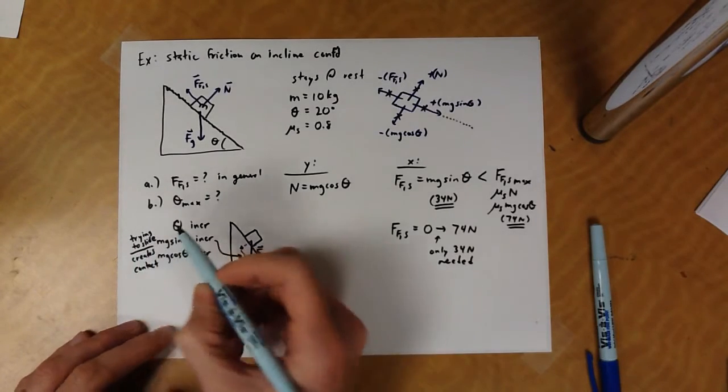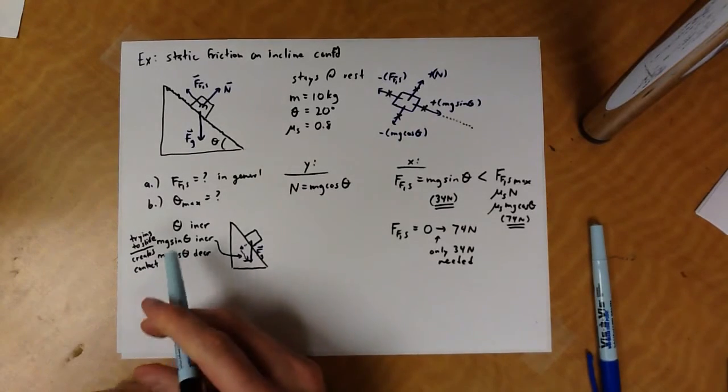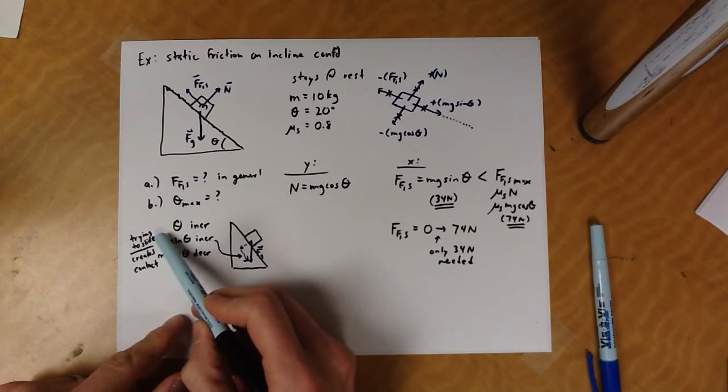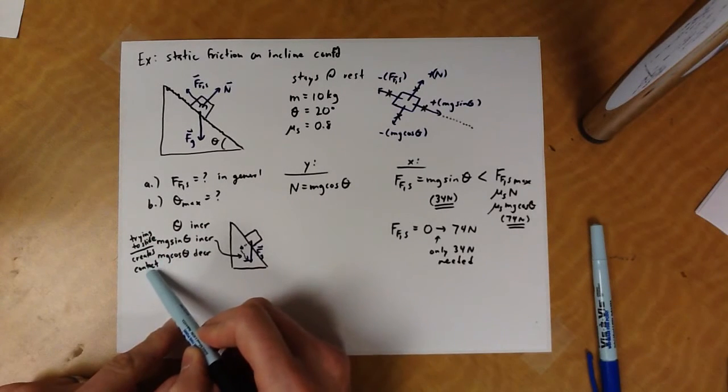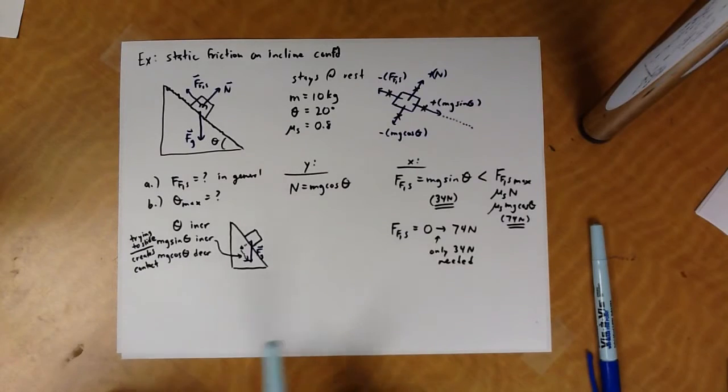Let me separate that. So you can see what's happening here is that we're going to come to a head at some point, because if the force that's trying to slide it is getting bigger and the force that is helping hold it in place is decreasing, at some point it doesn't work anymore.